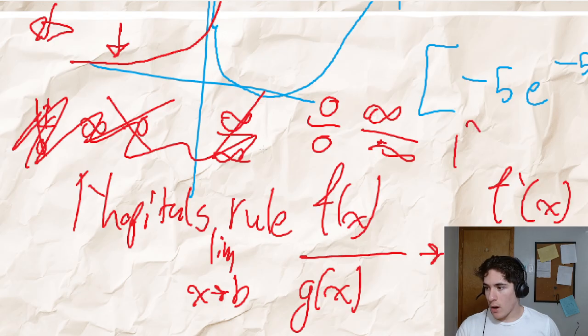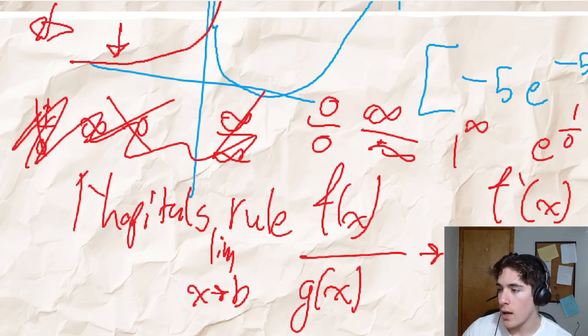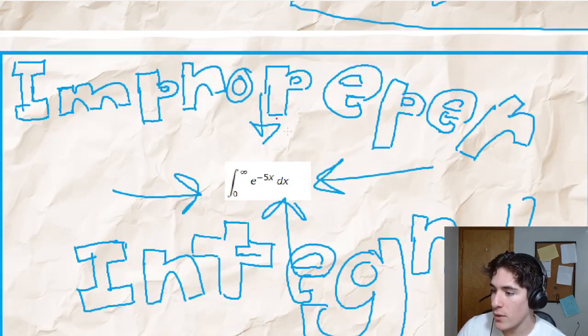If it's 1 to the power of infinity, not 1 to the power of 0, if it is e to the power of 1 over 0, then you have to do something else. You have to do something called logs, and that is for another time. Anyways, back to this integral.